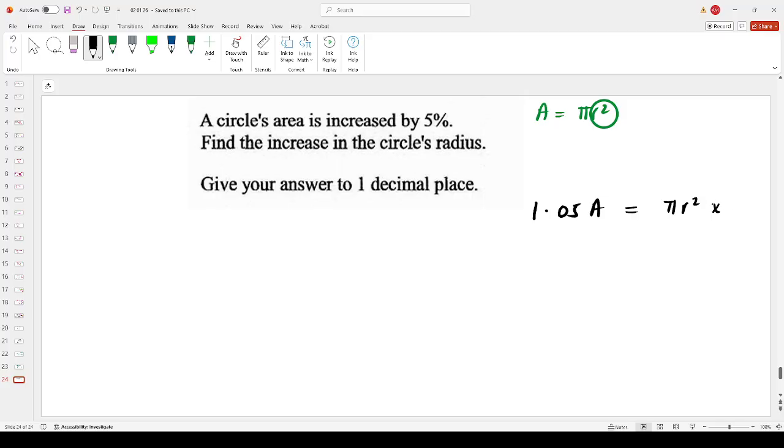We always square it, right? So the multiplier is squared. Are these two things the same? So they can go. Right? Because they're both area. This is the area of a circle. This is the area of a circle.